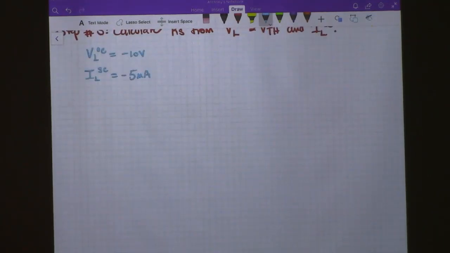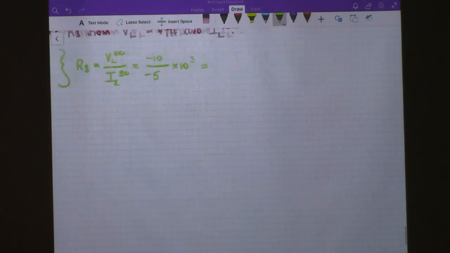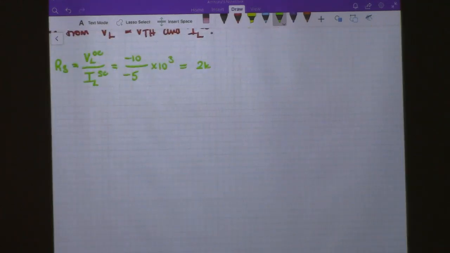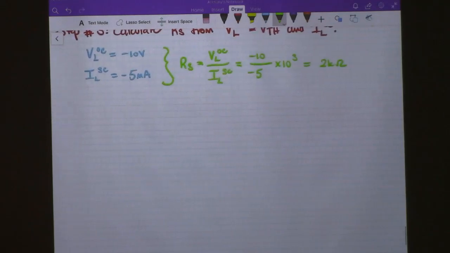And so lastly, that means our RS will be equal to VLOC over ILSC, which is equal to... so that's our answer, 2 kiloohms.